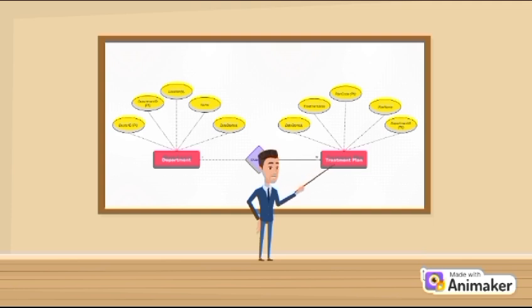The relationship here is that each department oversees multiple treatment plans, ensuring that patients receive specialized care based on their condition. For example, in the oncology department, there might be multiple treatment plans for cancer patients, including chemotherapy, radiation therapy, and post-surgery recovery protocols. The department is responsible for managing and coordinating.